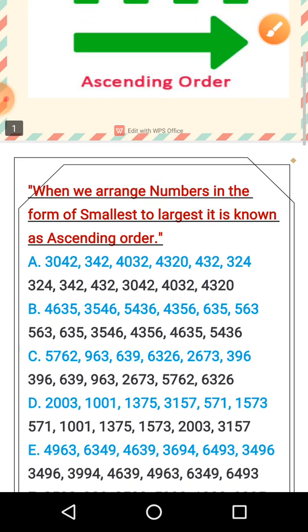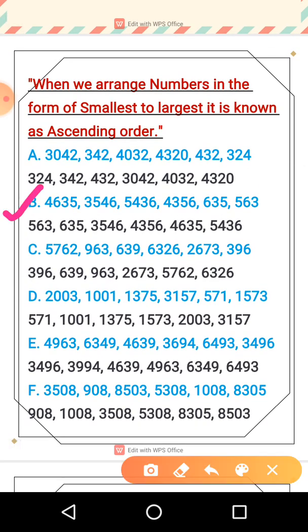So let's go with question number B, that is 4635, 3546, 500, 5436, 4356, 635, and in the last is 563. So the very smallest number in all these numbers is 563.